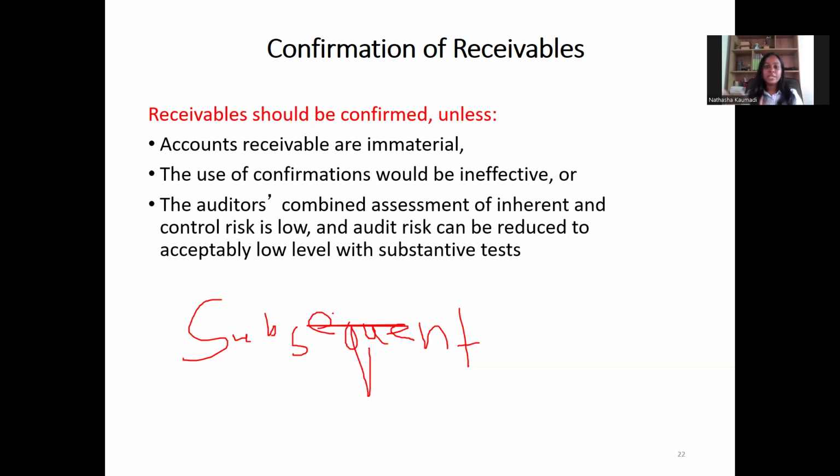There should be collections. So if you can't call confirmations, you are checking whether there are any subsequent settlements. If subsequent settlements are available, that means the balance shown as at the end of the year was correct. Let's say a 100,000 balance was there as at 31st December 2023.